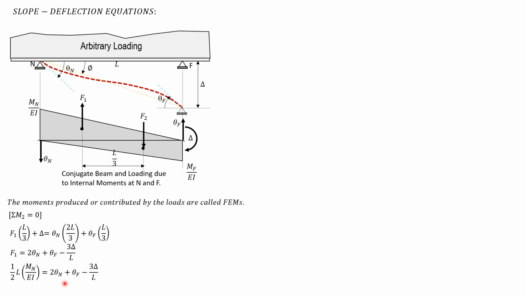So we have 2 theta N plus theta F minus 3 delta over L.